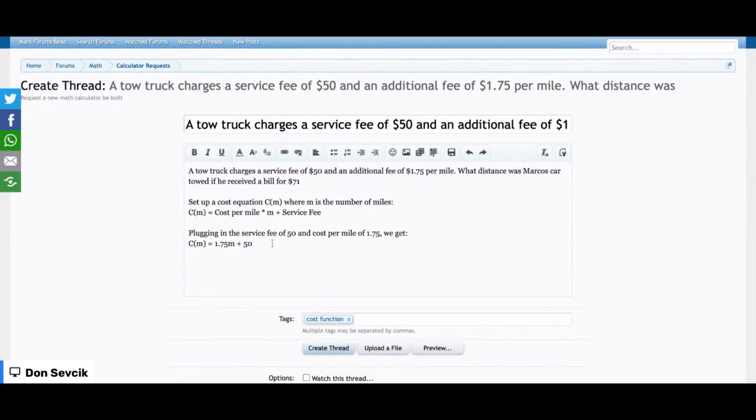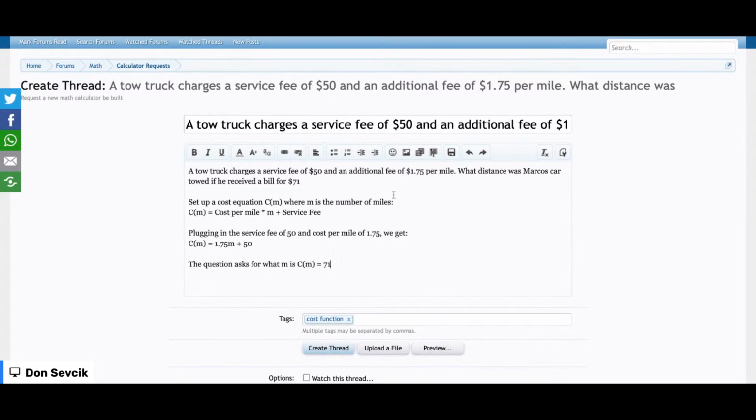The problem asks, what distance was Marcos's car towed if he received a bill for 71? The question asks for what M is C of M equal to 71.